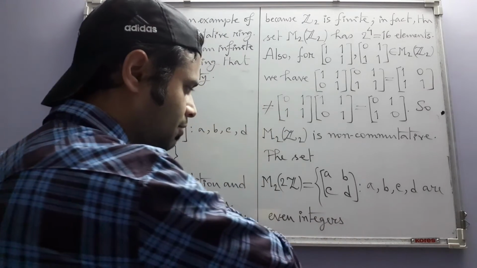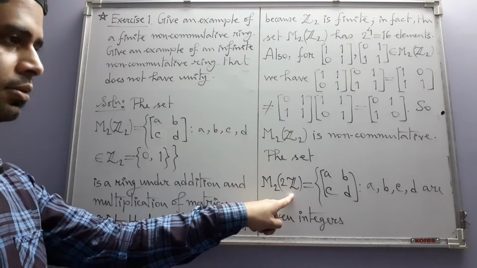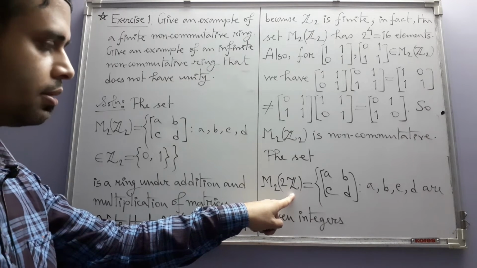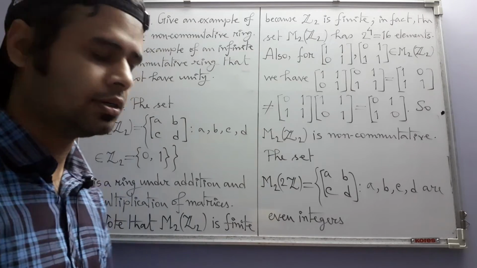So unlike the previous example, here the set from where the entries are coming is infinite.